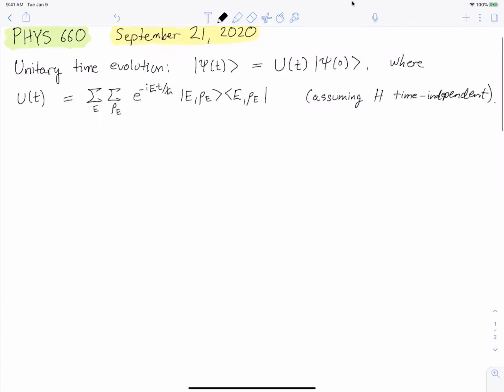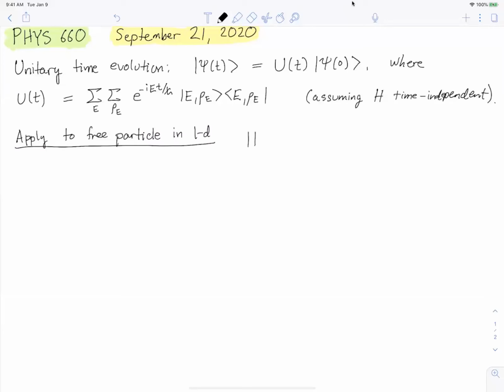Okay, so let us apply this to the case of a free particle. And we'll make it a free particle moving in one dimension to make things easier. So the Hamiltonian in this case is just the kinetic energy of a free particle, which you can write as the momentum squared divided by twice the mass.